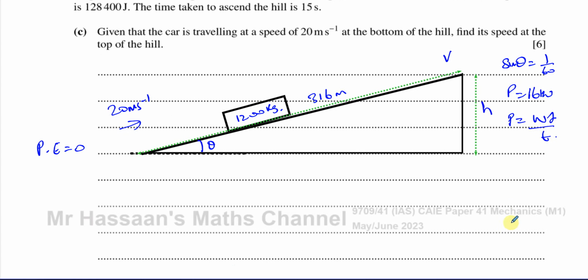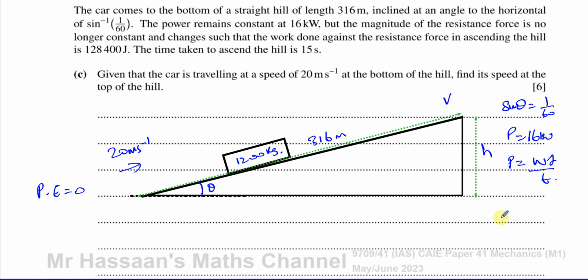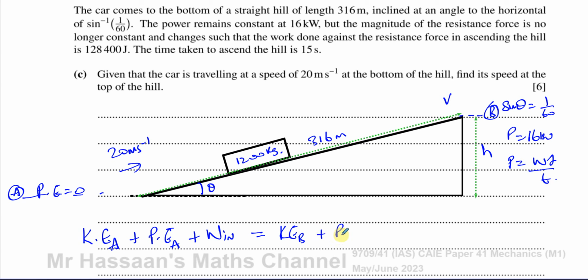So what I'm going to do here is use the work energy principle, which basically states that the kinetic energy at the start, which I'm going to call A, the start point, and B the end point, plus the potential energy at the start, plus the work that goes into the system, is equal to the kinetic energy at the end, at B in this case, plus the potential energy at B, plus the work that's coming out of the system.